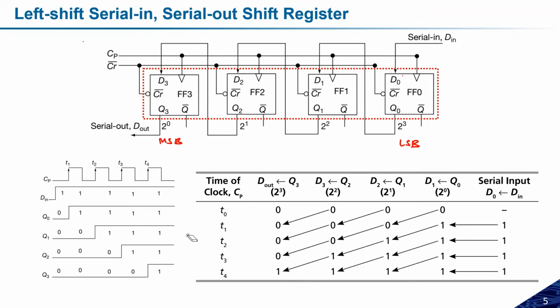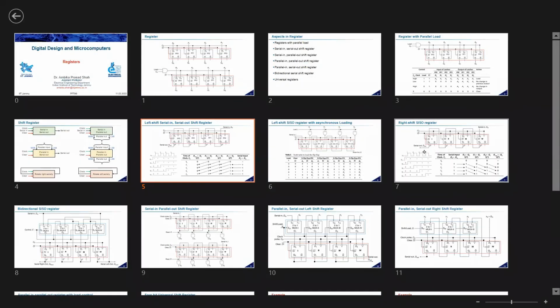So properly see this diagram, and then we will try to replicate it on the right shifting. Okay, so what we are doing here, the outputs are connected to the input and they are shifting in the left direction. Now let us consider the right shift register circuit.